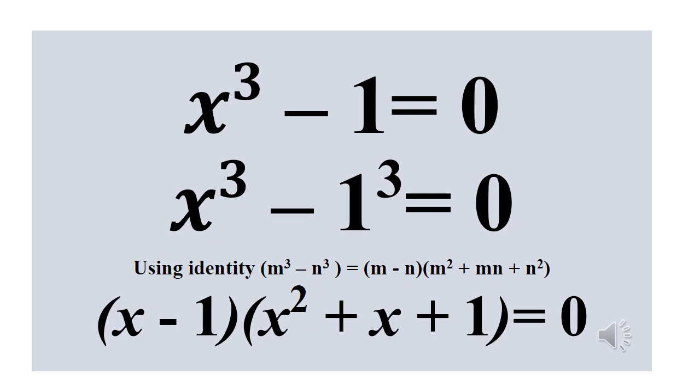If we use the identity, m cubed minus n cubed equals m minus n, into bracket, m squared plus mn plus n squared, that is, if we have m cubed minus n cubed, then we have this. So if we use the identity now for x cubed minus 1 cubed, since they both have cubes, then we have x minus 1 into bracket, x squared plus x plus 1 into bracket equals 0.